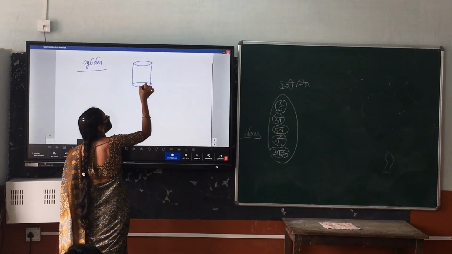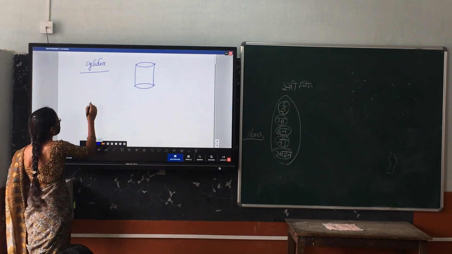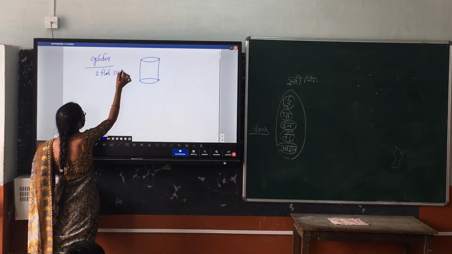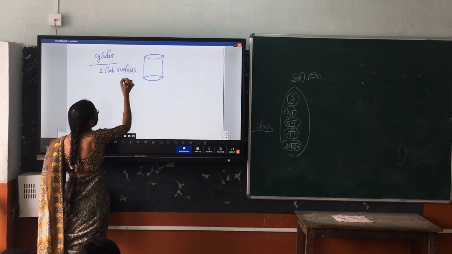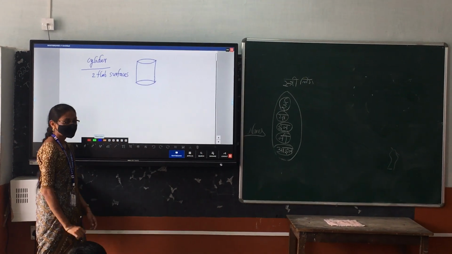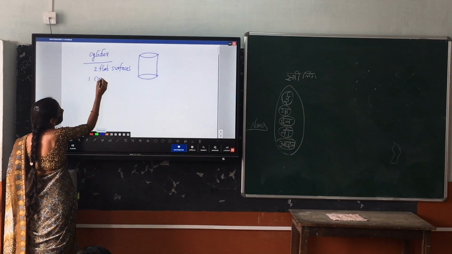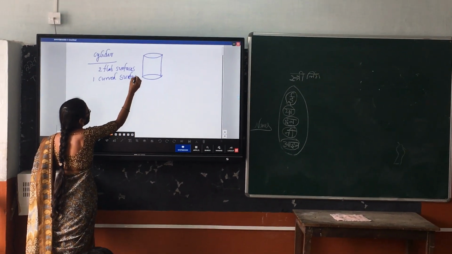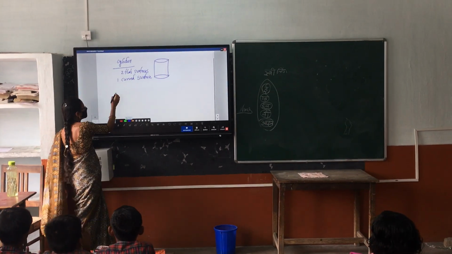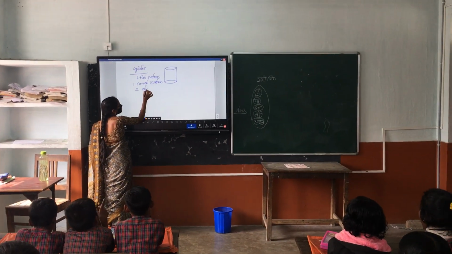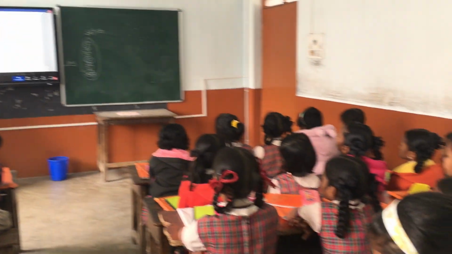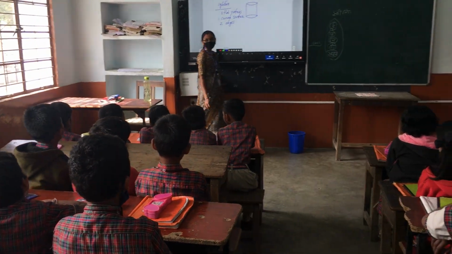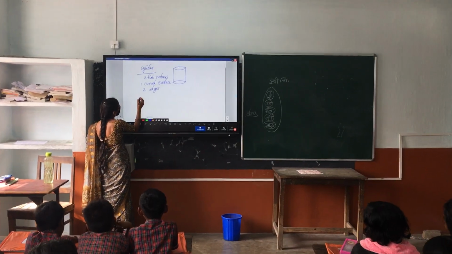This one and this one are two flat surfaces. And this one is a curved surface. One curved face. It has two edges and no vertices. Okay. Examples also: a bottle, a pencil, a dustbin.